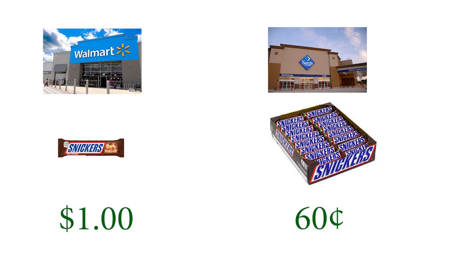Look for scenarios in your own life where you've had an opportunity to buy multiples of these, and on a per item basis, it costs less than if you were to buy the one item. You see this in convenience stores where they're selling you the energy drinks and the Gatorades and all that. If you buy one, it's $2.50.